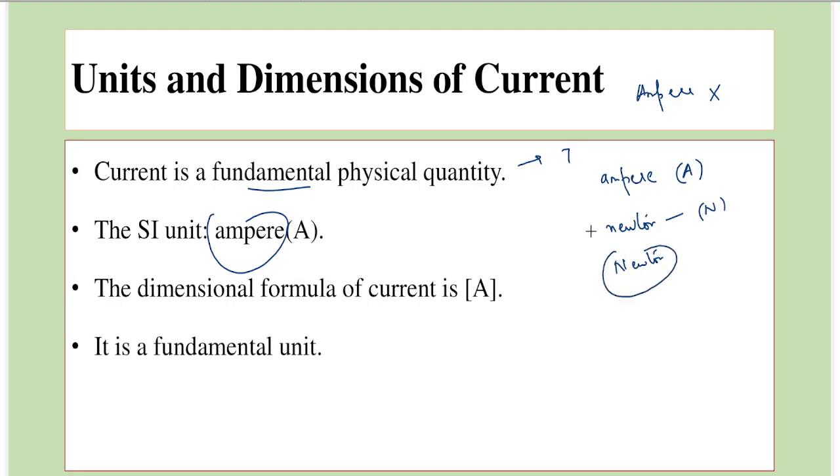While writing the scientist name, we should write in capital letter only. But when that name represents a physical unit, it can't be written with a capital letter. And its dimension formula is just A. And also it is a fundamental unit, because since current is a fundamental physical quantity, its unit will become a fundamental unit.